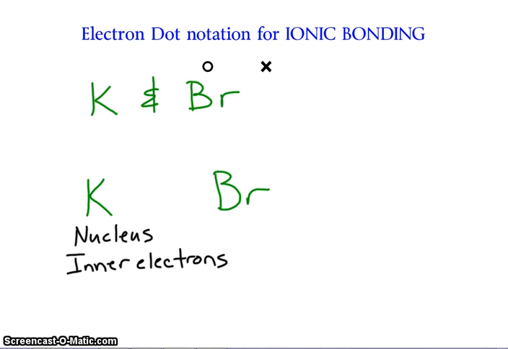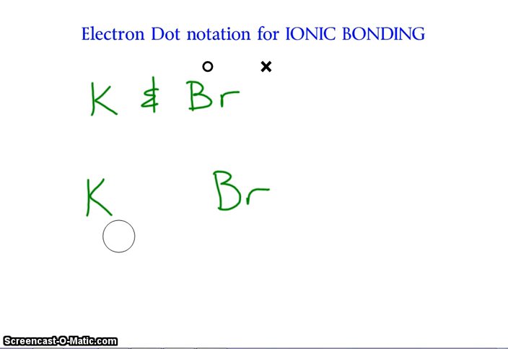That's what that K represents. That's what that Br represents. What will be involved in bonding are the outer electrons, the valence electrons of each atom.